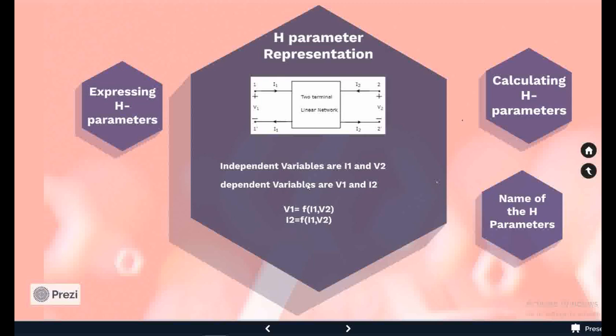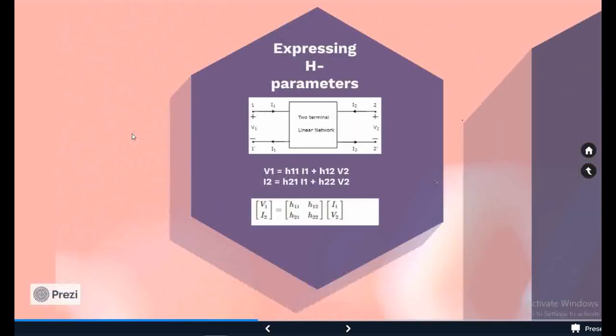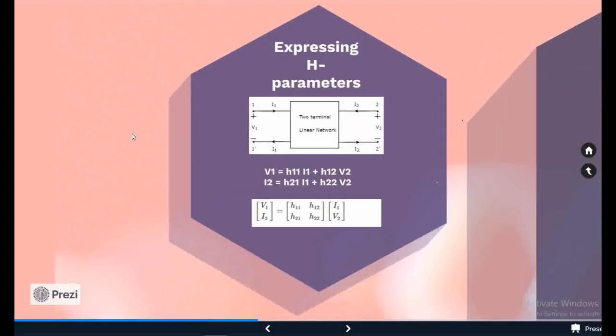We further express the input voltage V1 as a function of the input current I1 and output voltage V2. Similarly, the output current is represented as a function of both the input current and output voltage. Based on this, we represent the corresponding H parameter equations as V1 equal to H11 times I1 plus H12 times V2.